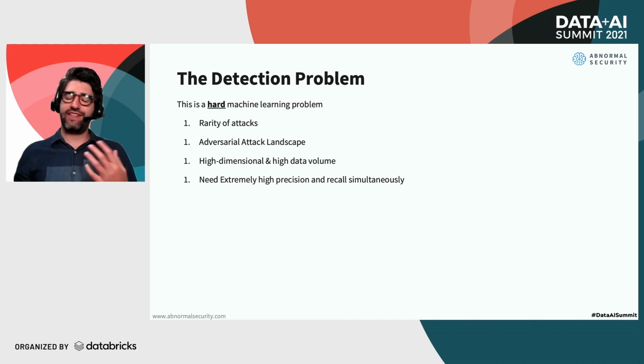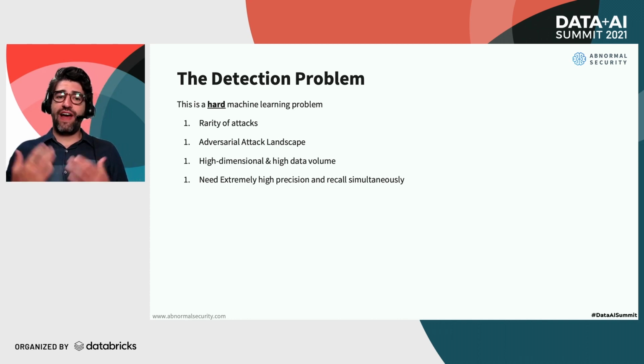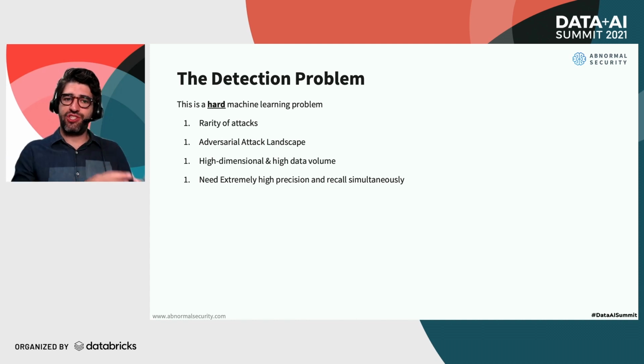They will be constantly adapting their attacks, both to trick people who are being trained to identify these, but also to get around detection engines like Abnormal Security's detection engine. We've even seen on the dark web software available to attackers to run their own machine learning algorithms to constantly modify their attacks in such a way as to get around detection engines. So this makes it very challenging because we can't just build a model and we're done.